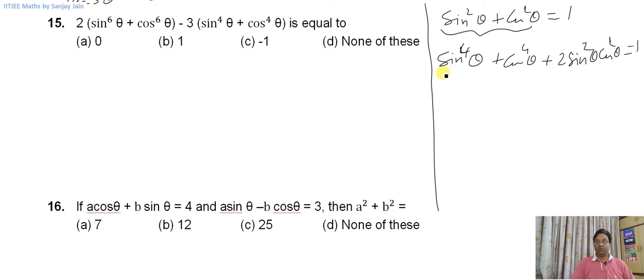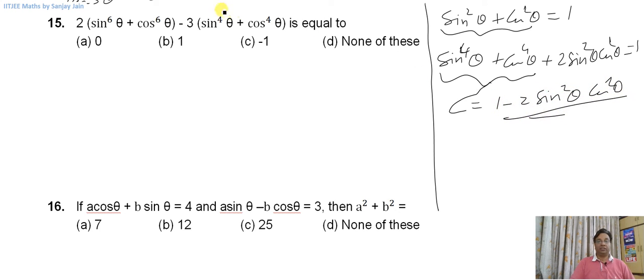Okay, so I can replace this expression by 1 minus 2 sine square theta cos square theta, right? So this is the expression that I have got here, and for using the sine 6 theta plus cos raised to power 6 theta, let me cube this identity on both sides.